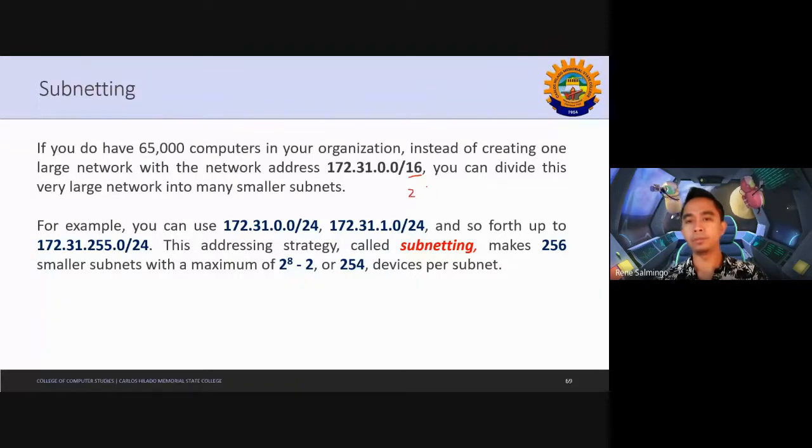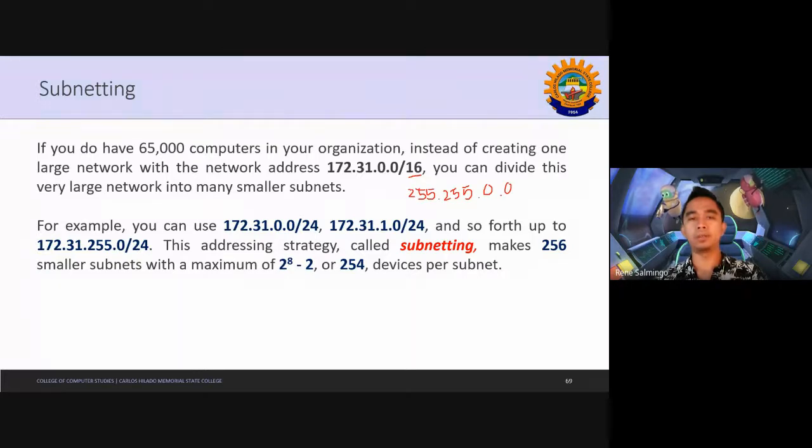You have 255.255.0.0. This is your subnet mask given this network address.